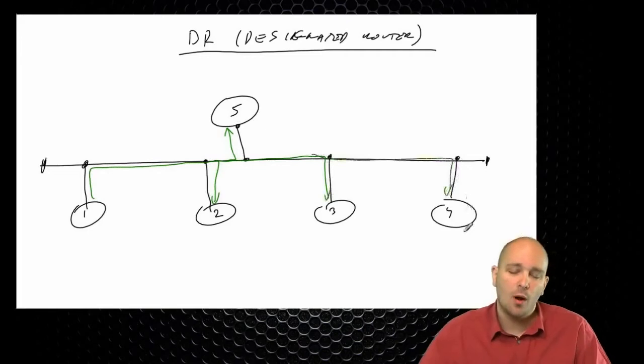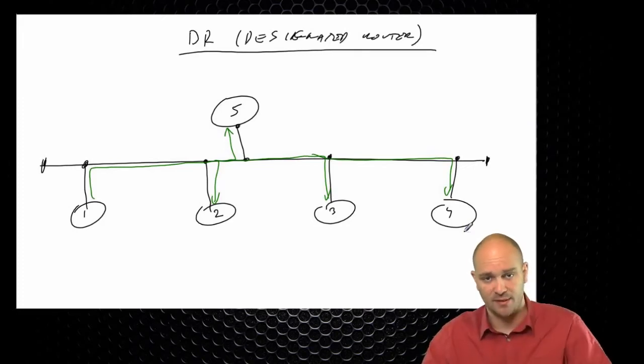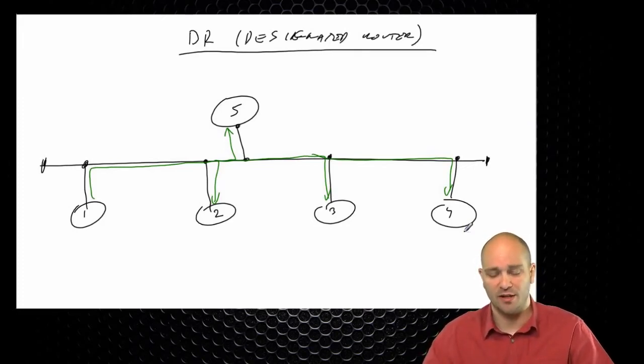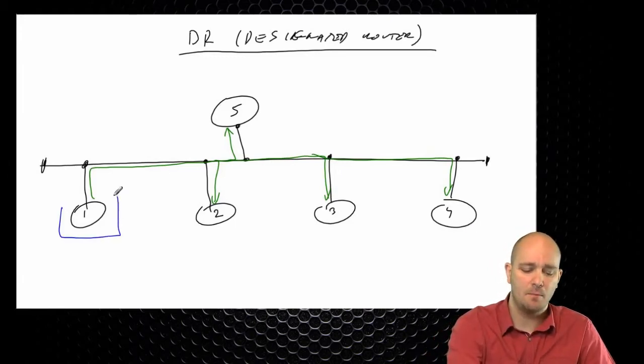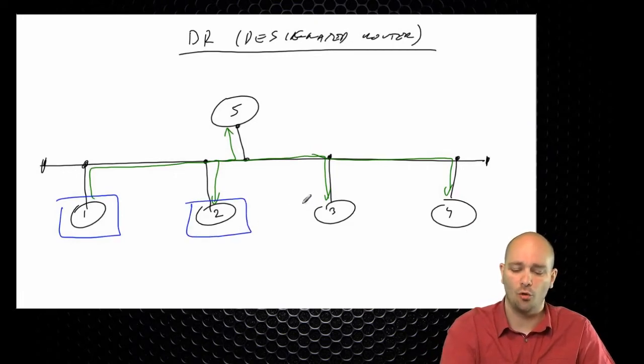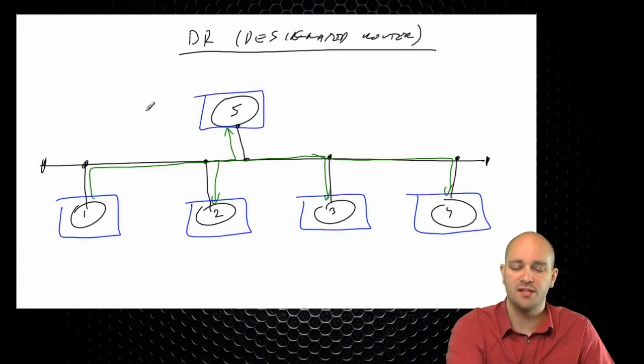Now, one of the requirements of OSPF is that the database that OSPF uses to keep information about the network, to calculate the best path, and I will talk about the database a little bit later on in greater detail, one of the requirements is that inside an area, a database must be identical on all devices. So whatever is on one of these routers must be present on all the other routers.